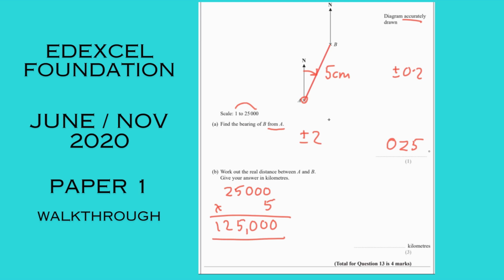But because you haven't got a change of units there, it's centimetres to centimetres, just lots of them. So this is in centimetres. So to change it to metres, divide by 100. To change metres to kilometres, divide by 1,000. So divide by 10, divide by 100, divide by 1,000. It's 1.25 kilometres.